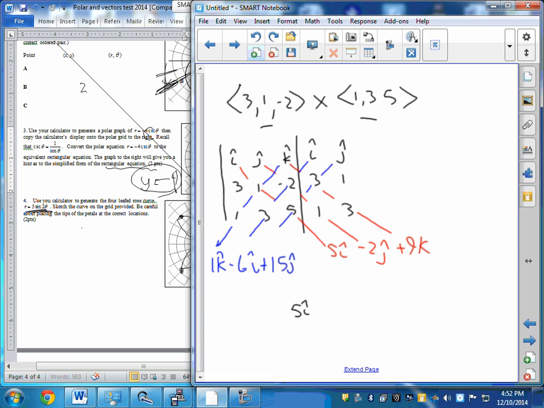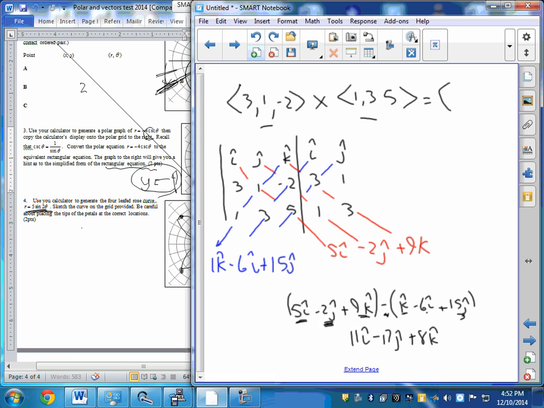We have 5i minus 2j plus 9k, and you're subtracting off this other product, k minus 6i plus 15j. Just sort of keep your wits about you. 5i take away a negative 6i is 11i. Minus 2j take away 15j is minus 17j. And 9k take away a k is 8k. So there's our cross product in ijk form.